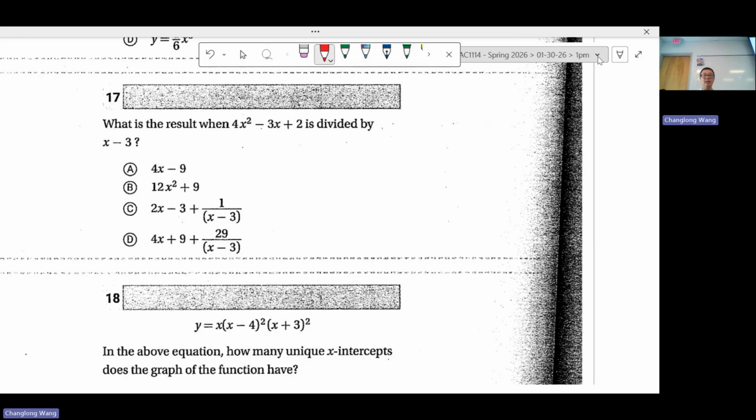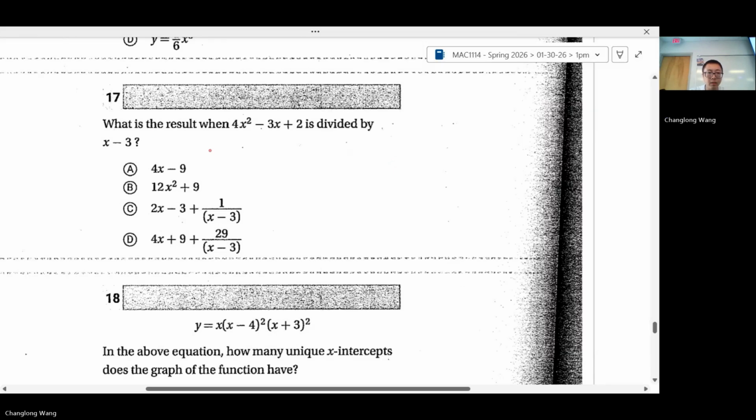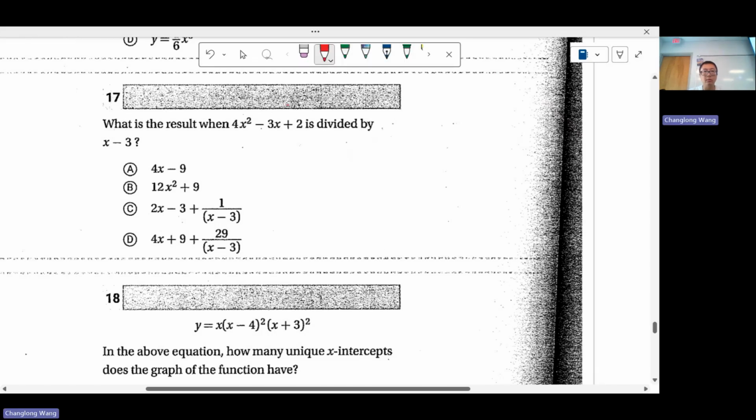Anyway, so let's try it. How about that? Now let me copy this problem, because I do need some space to write it. And I do want you guys to seriously take notes.